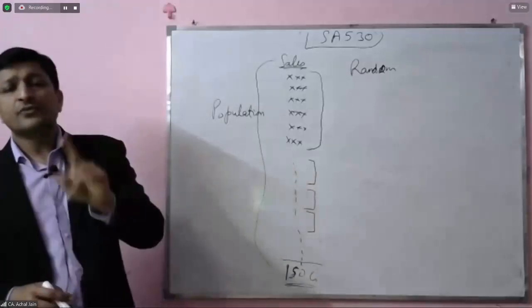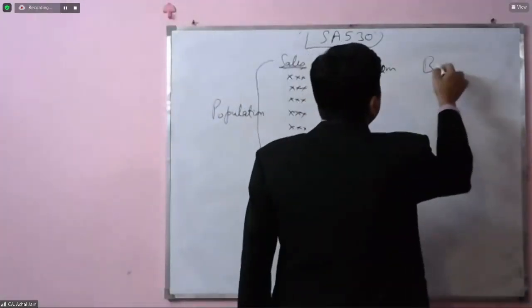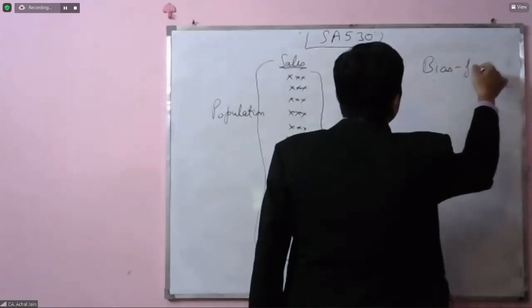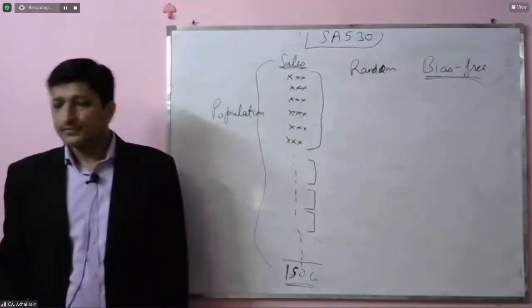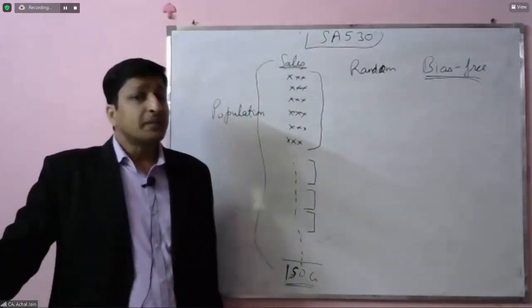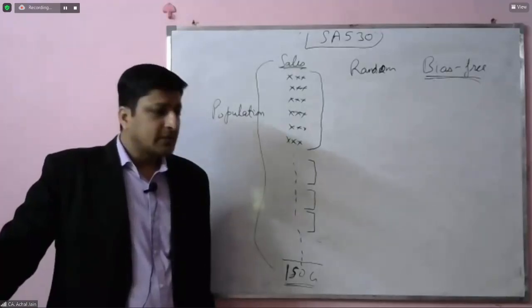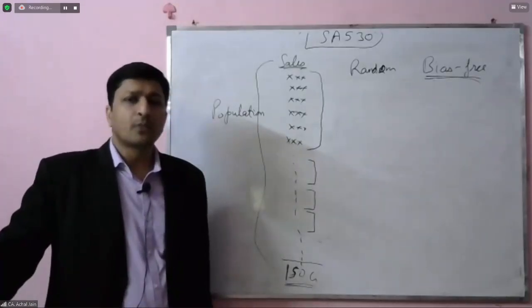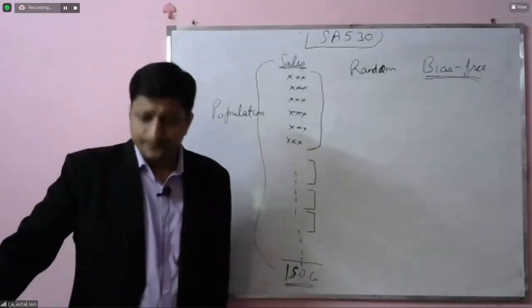But one thing is for sure, that the sampling method or technique has to be bias free. The moment it becomes biased, then this will absolutely be a big problem for this entire audit procedure.